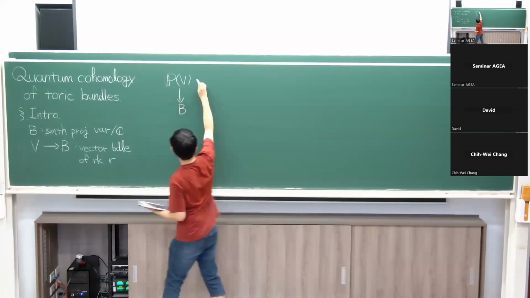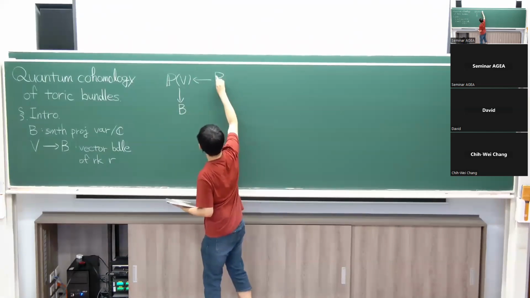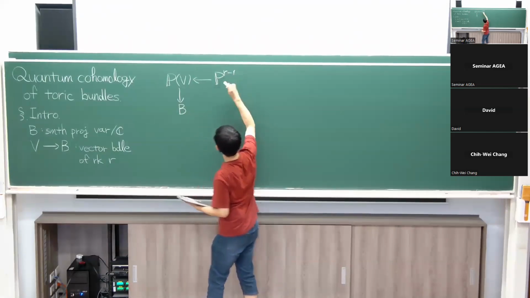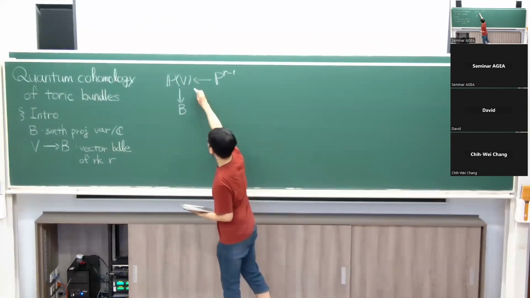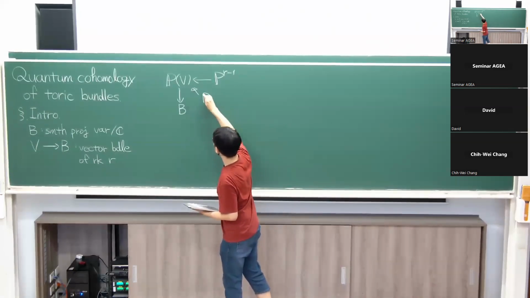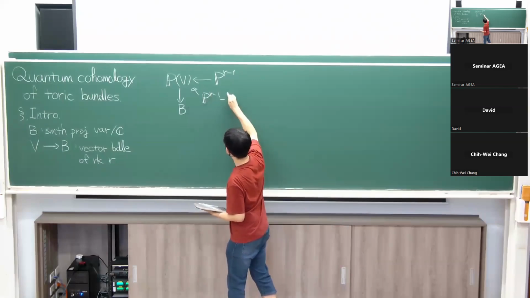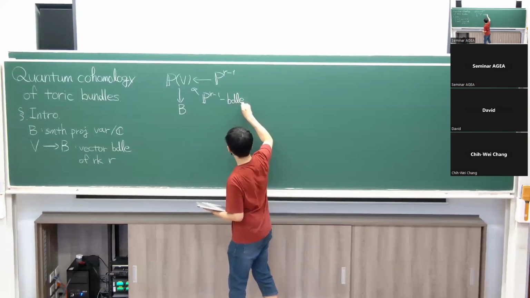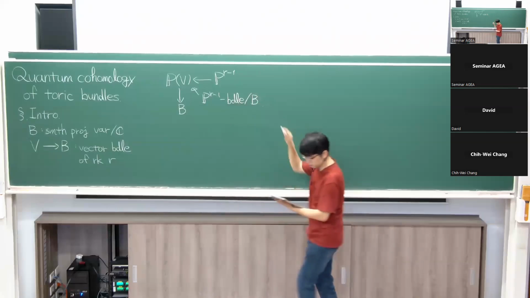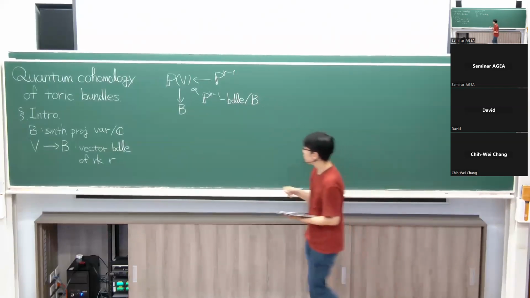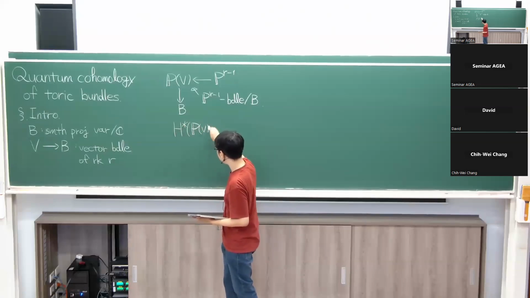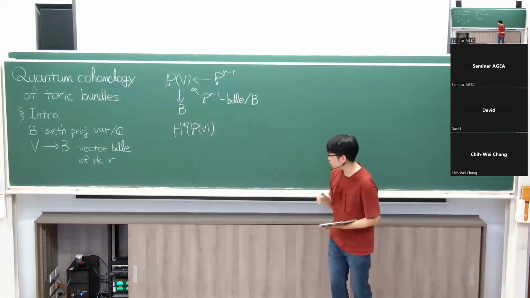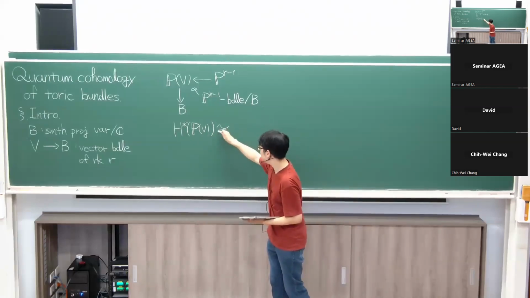This gives a P^(r-1) bundle over B. And its usual cohomology is well understood.